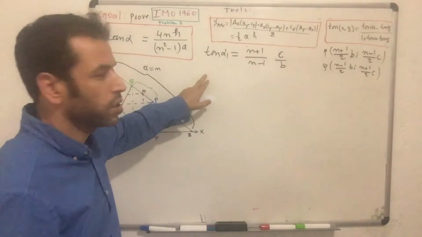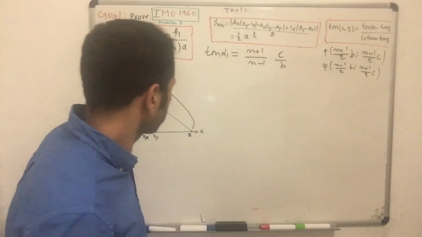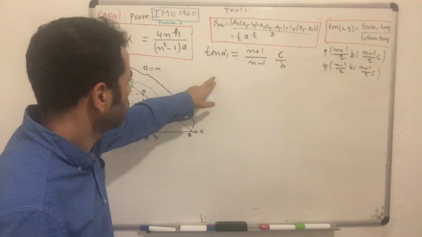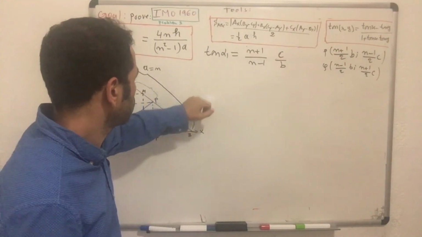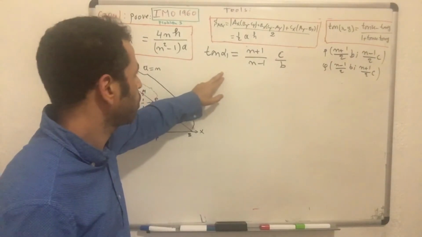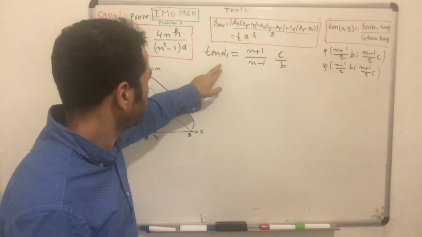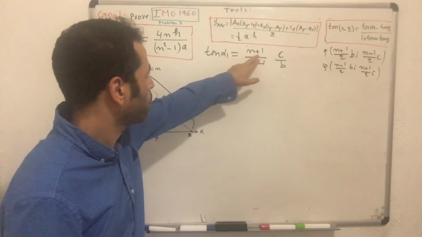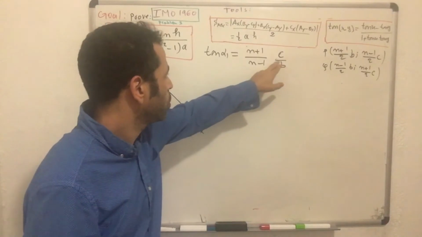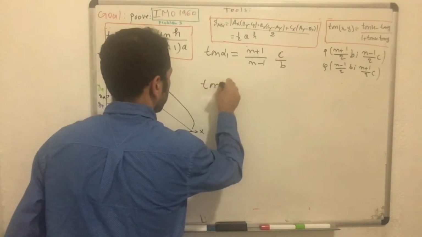So let's start calculating tangent alpha 2 now. We already proved tangent alpha 1 equals N plus 1 over N minus 1 multiplied by C over B. Let's move on to tangent alpha 2.